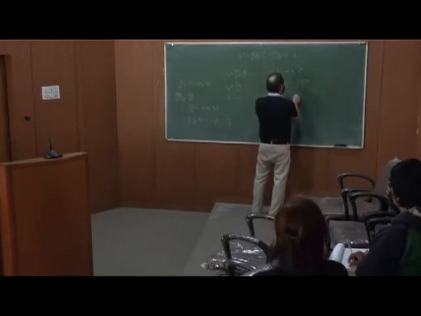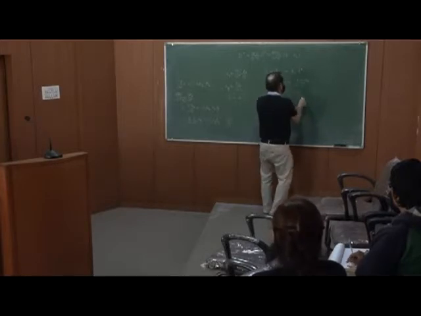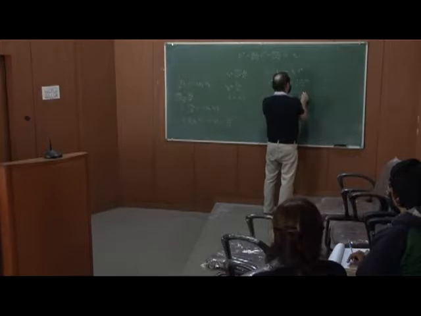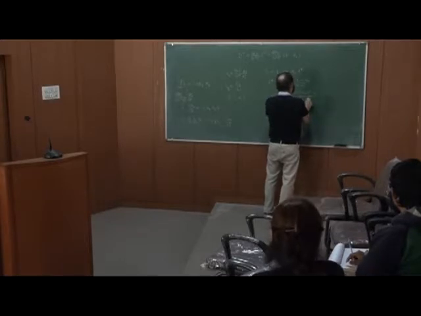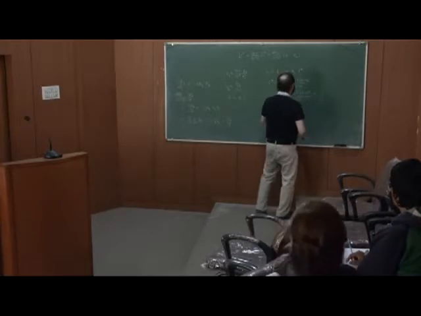It's in seconds. A megaparsec is about 3 times 10 to the 24 centimeters. And then here we have 70 times 10 to the 5 centimeters, right?